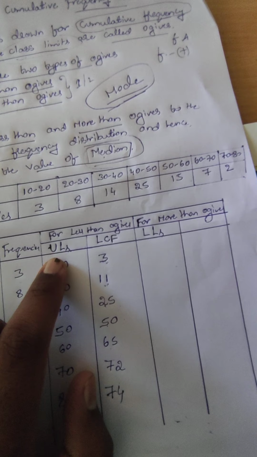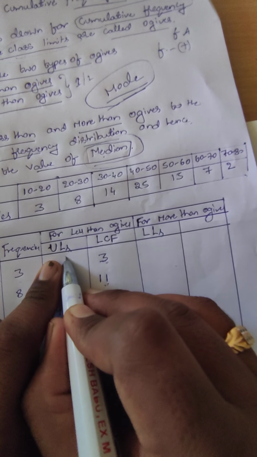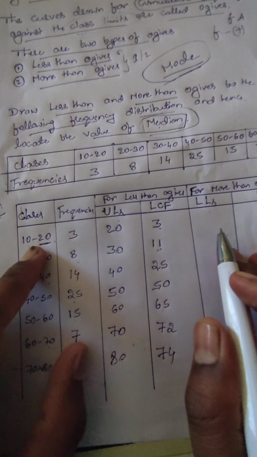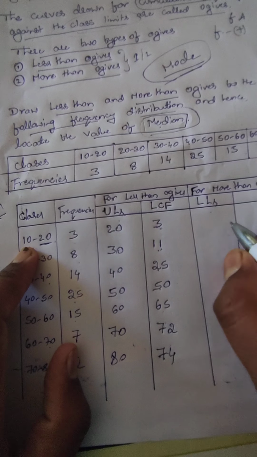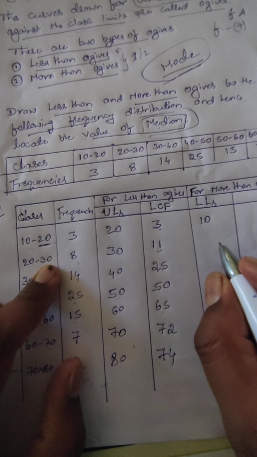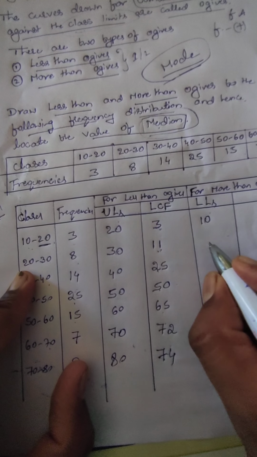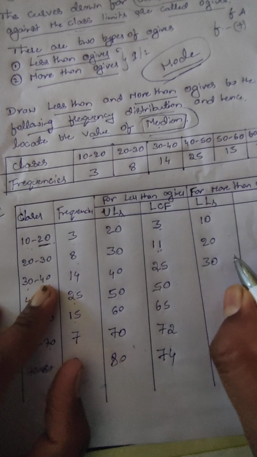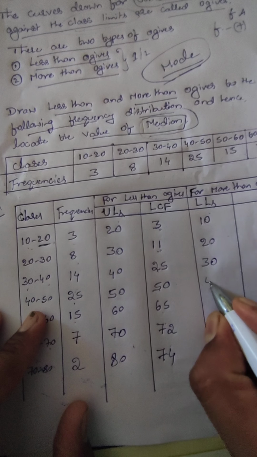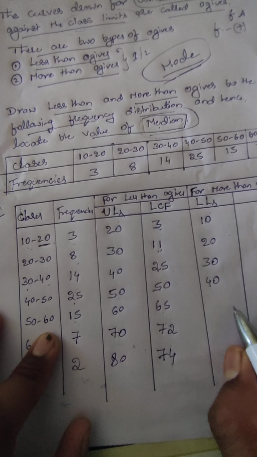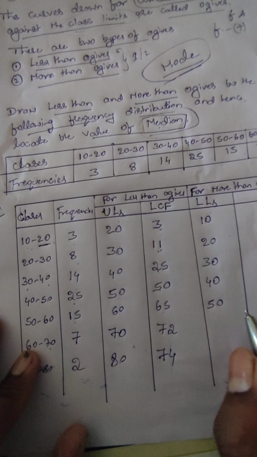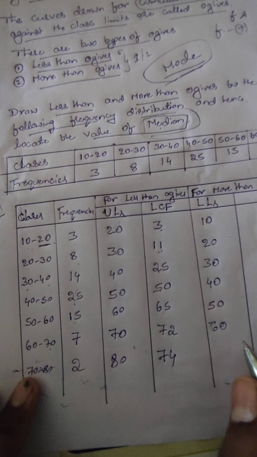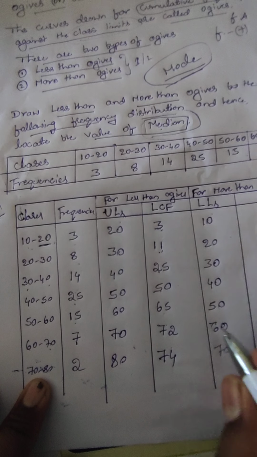Here we were identifying the upper limits: for less than ogives we identify the upper limits, and for more than ogives we identify the lower limits. 10 to 20, the lower limit is 10. 20 to 30, the lower limit is 20. 30 to 40, the lower limit is 30. 40 to 50, the lower limit is 40. 50 to 60, the lower limit is 50. 60 to 70, the lower limit is 60. 70 to 80, the lower limit is 70.